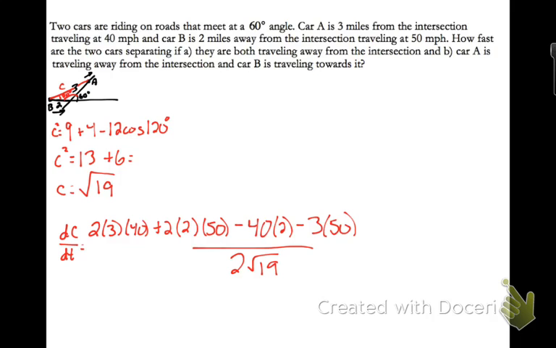And when we simplify it this time, we will find that it is 24.089 miles per hour. So at this point in time, the distance between the cars is getting closer to one another.